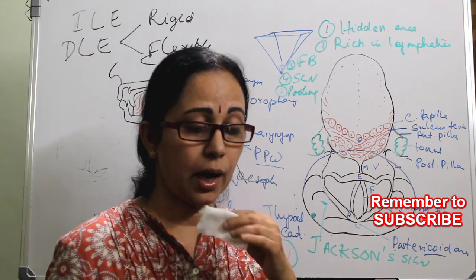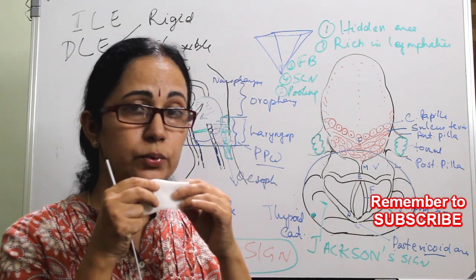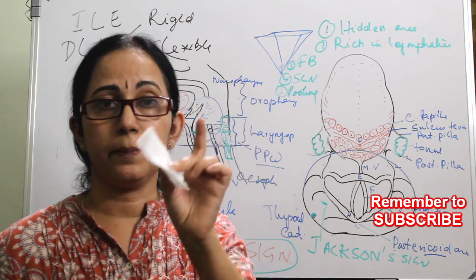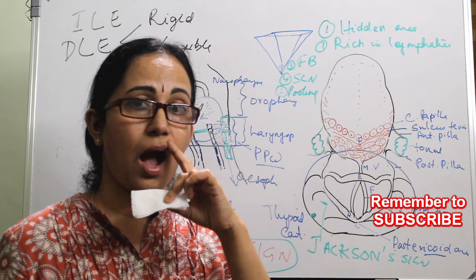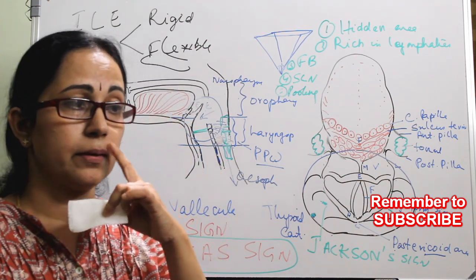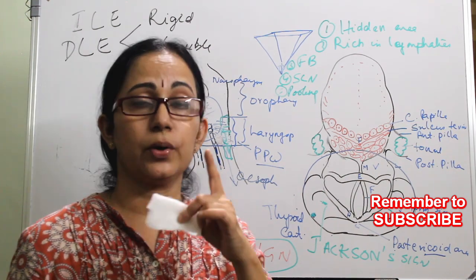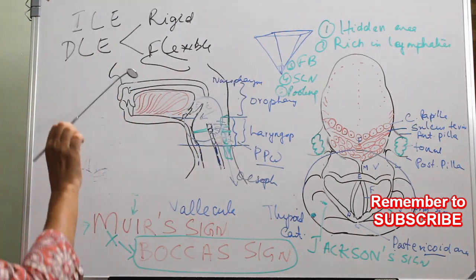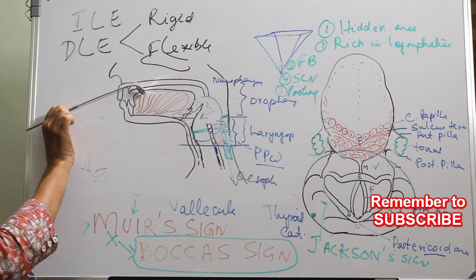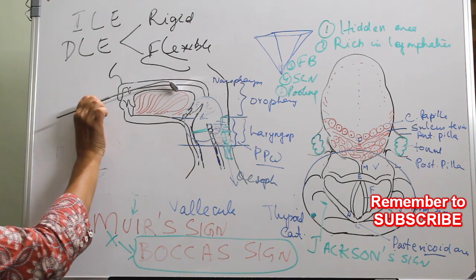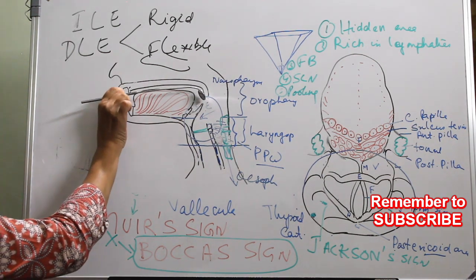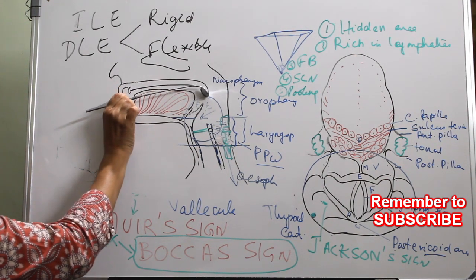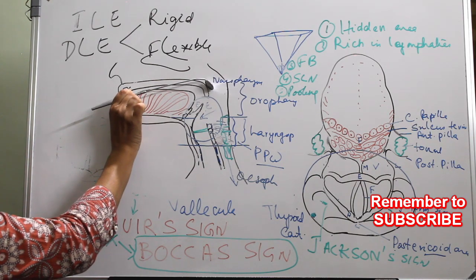Then introduce the mirror with the open mouth, and when you reach the level of the uvula, just push it upwards.